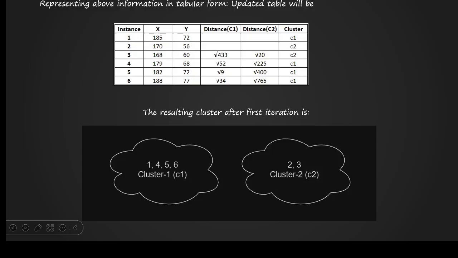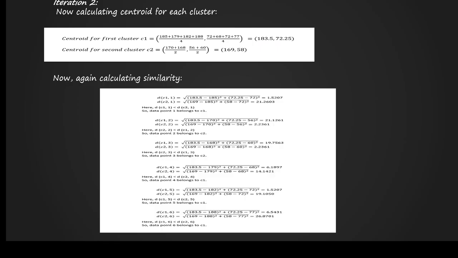Now the process of K-means clustering says that after grouping the data, we update the centroid value by performing the mean. The data points 1, 4, 5 and 6 are in the first cluster, so we find the mean of these.